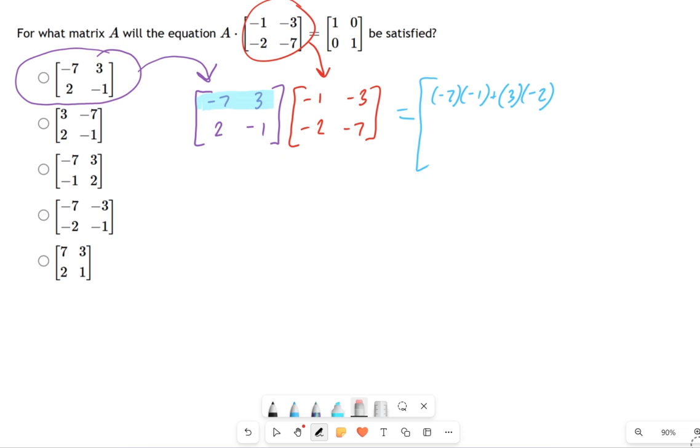Now, next, I'm going to take the lower row times the left column. And what that's going to get me is 2 times -1 plus -1 times -2.